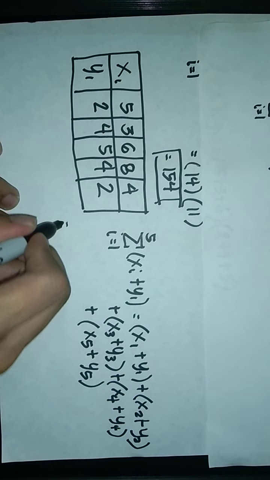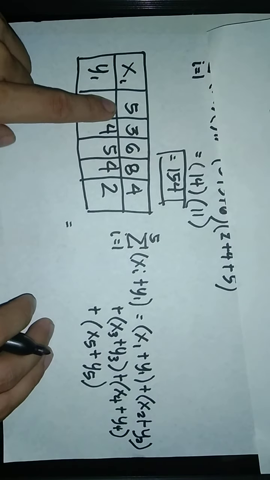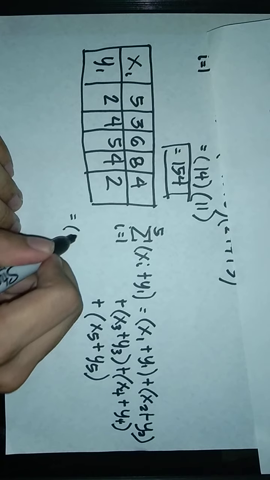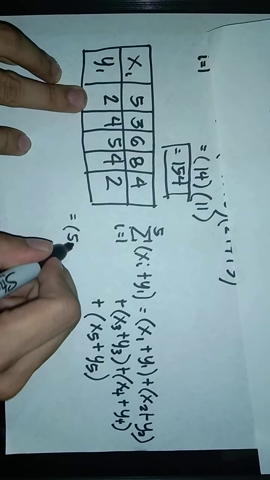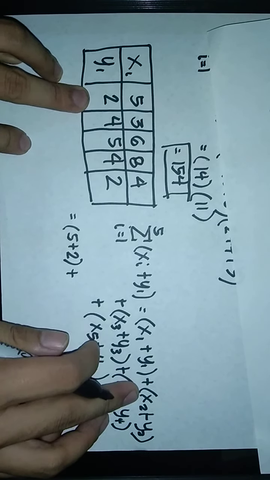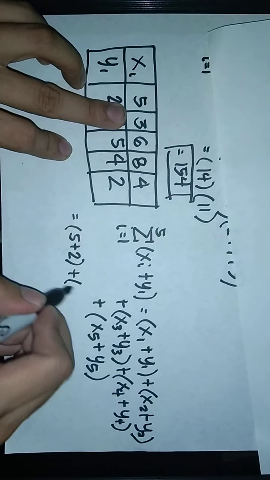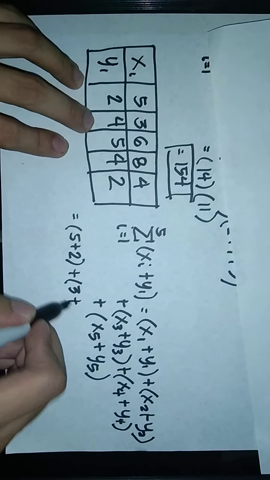So, putting this into a formula, we will have, x sub 1 natin is 5 plus yung y sub 1 natin, which is equal to 2 plus 2. And then, x sub 2 natin ay 3. And then, ang ating y sub 2 ay 4.